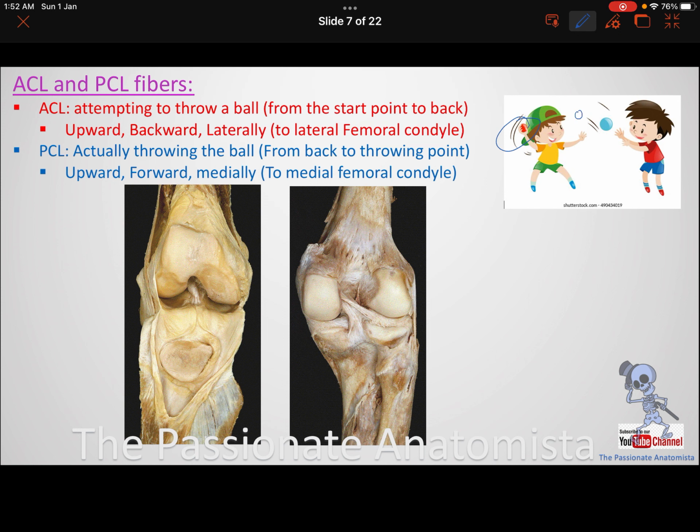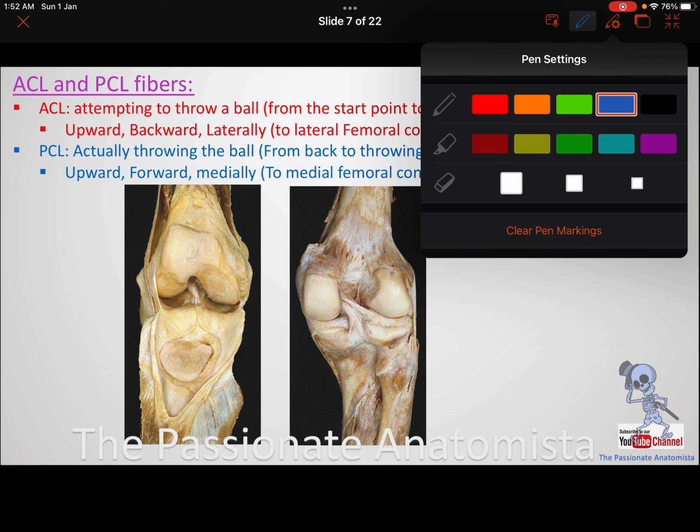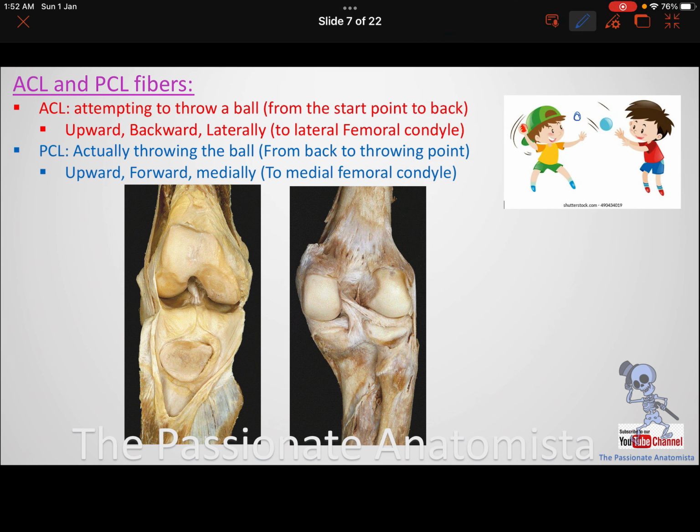So from the anterior intercondylar area, the ACL will run upward, backward, laterally. Remember, if you are running upward, backward, laterally, it means you want to reach which femoral condyle? Of course, the lateral.